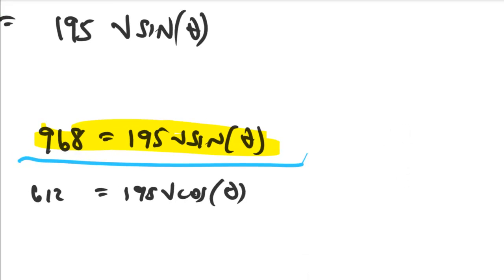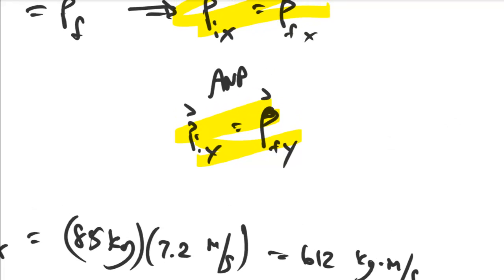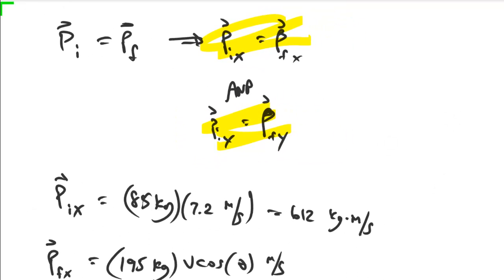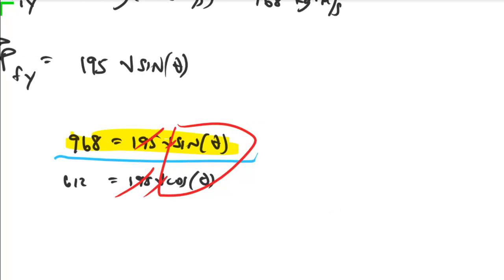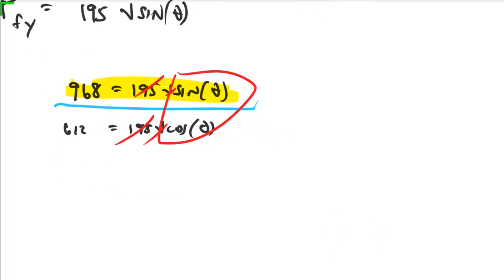And what happens when we do this is that the 195's cancel and the v's cancel, and we just have the sine theta divided by the cosine theta, which is tangent theta. And so what we end up with is that 968 over 612 is equal to tangent of theta.